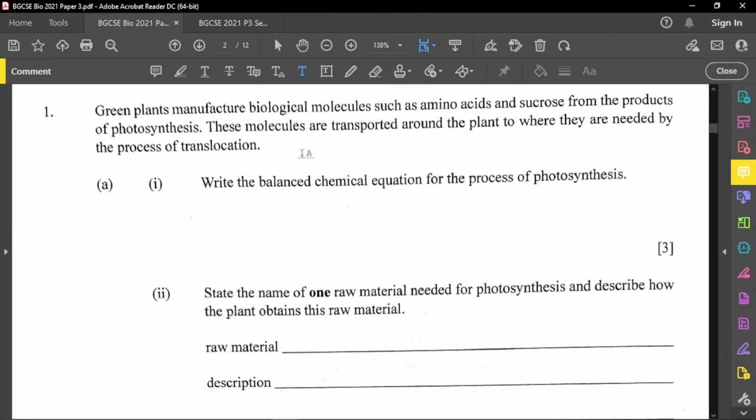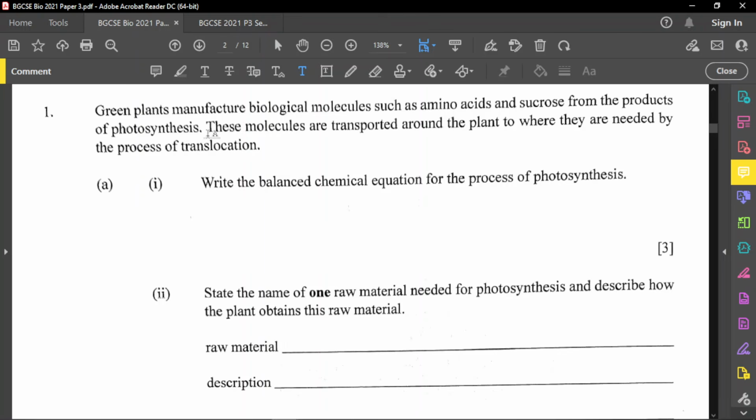Before I get into answering this question, I want to quickly just point out a few things. The molecules that are formed from photosynthesis are organic molecules. And notice here you see amino acids are found in the plant, and definitely amino acids are used to make proteins, just to point that out. From photosynthesis, we will get glucose, and glucose is the sugar that is formed, and also it is an organic compound.